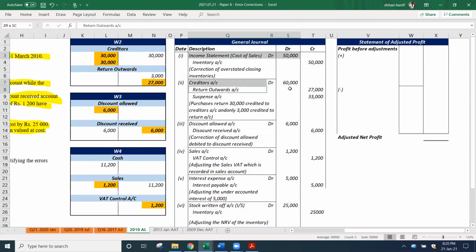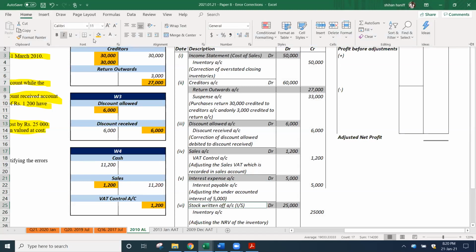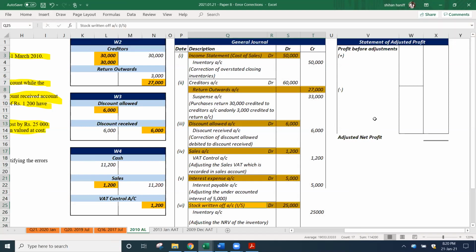Inventory won't go. Return outward. Discount allowed. Sales. Interest expense. Stock written off. So these are the accounts which will affect the income, which will affect the profit.